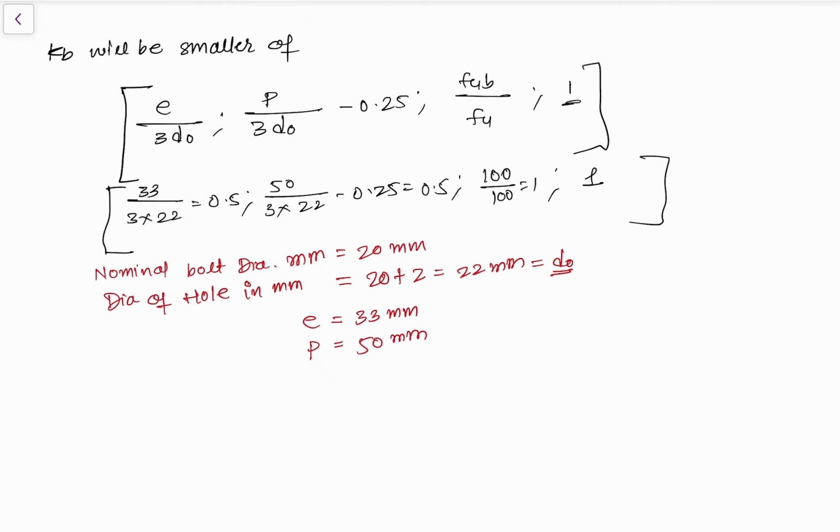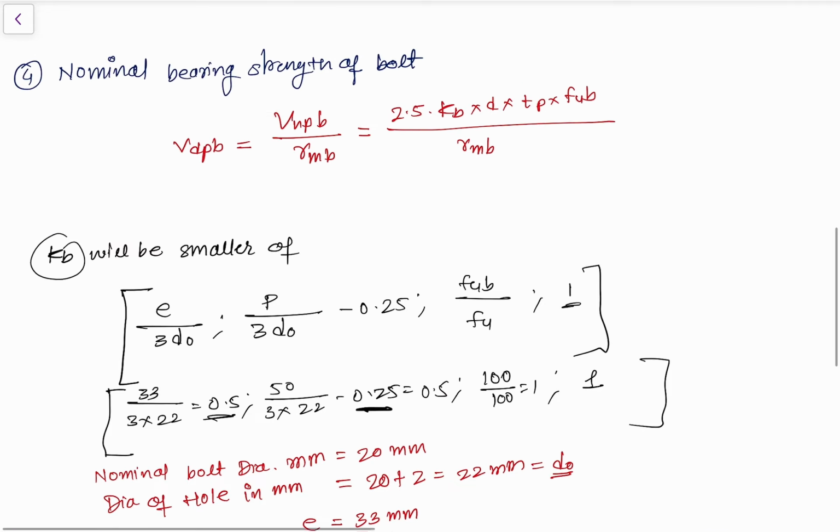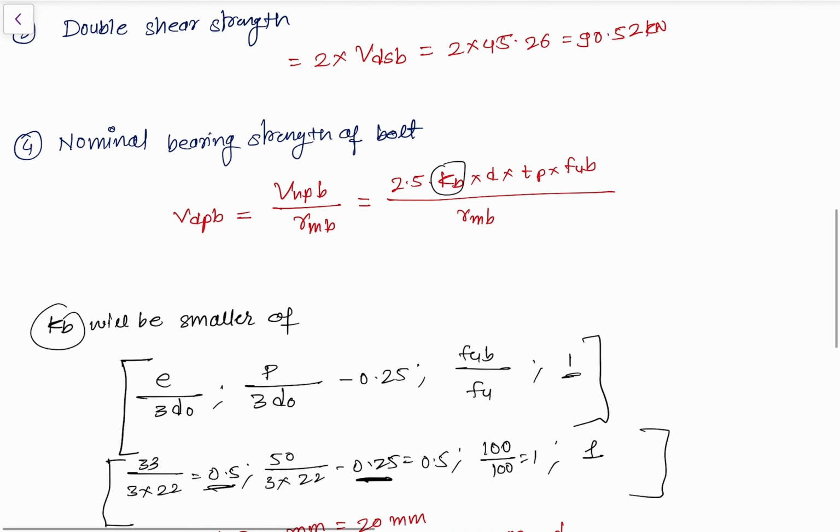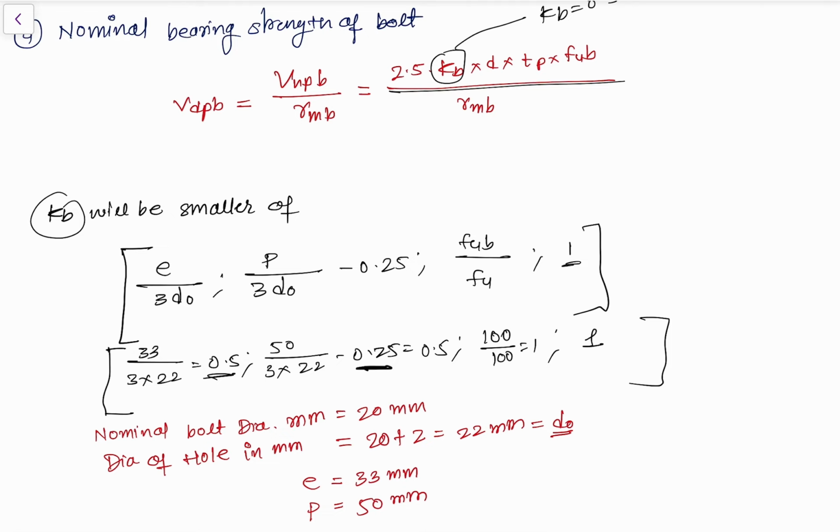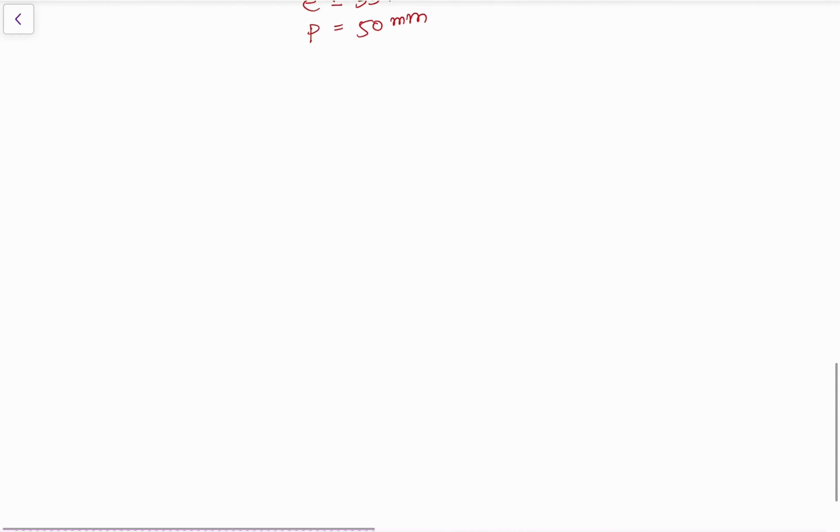The minimum value is 0.5. So KB is the smallest value of all four of these, so the KB value here becomes 0.5. Understand?